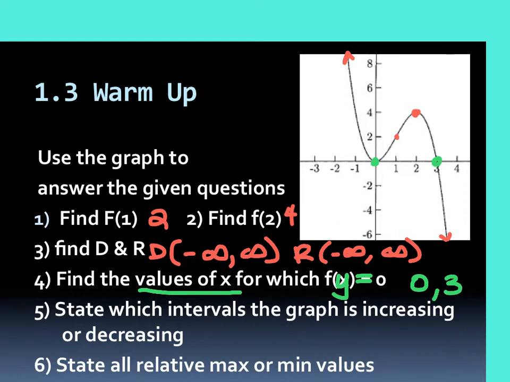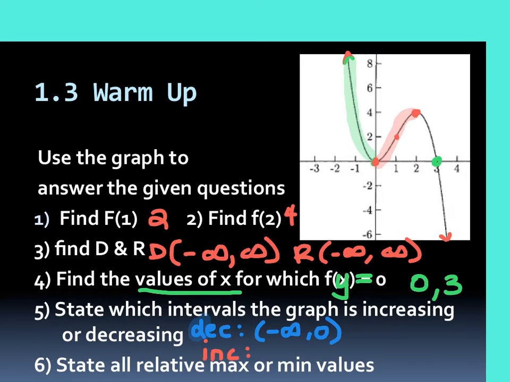Number 5 says state which intervals the graph is increasing or decreasing. So as I move from left to right, the first range is this, which is in which direction? Decreasing. And I would give that interval how? Good. It's my x, so negative infinity to 0. And then it changes direction. It goes up or increasing.